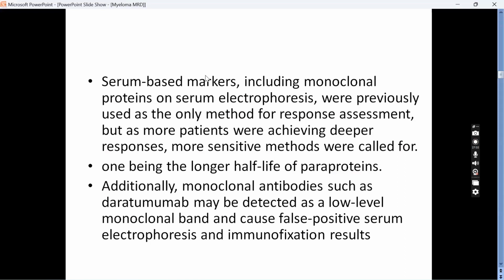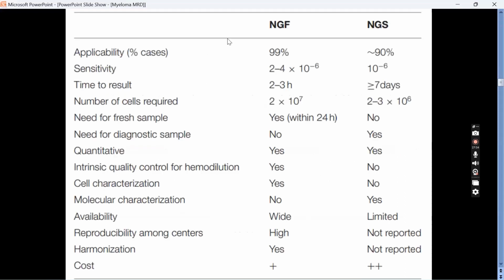Now, the two sensitive methods for checking ultra deep MRD are next generation flow cytometry and next generation sequencing. As I told you, with next generation sequencing, what is needed? You need the baseline signature, the baseline immunoglobulin rearrangement which was present in the plasma cells or the myeloma cells.